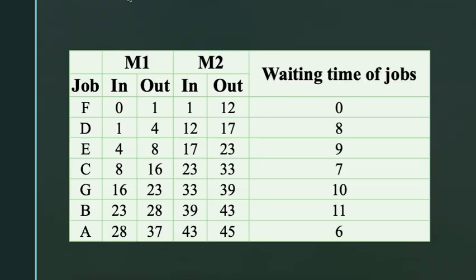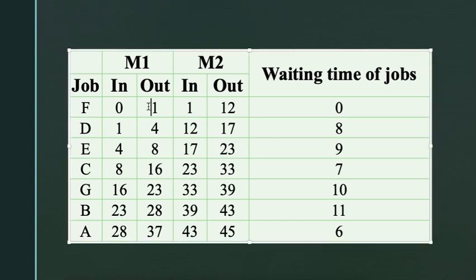How is this 1 hour? If we see here, the first job is F. It starts at instant 1 through the processing at M1. Machine M2 starts at instant 0. That means it was idle for 1 hour.